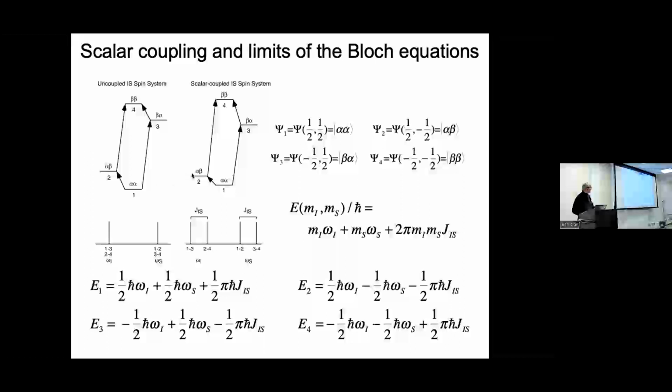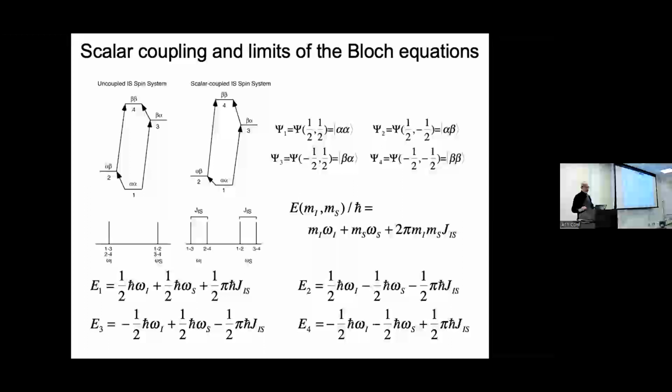But now when we turn on J, this transition has a different energy than that transition. Similarly, this transition has a different energy than that transition, depending on the relative signs of J, because J could be positive or negative. Now these degenerate states split, and the I spin shows a doublet and the S spin shows a doublet, separated by J in hertz, or 2 pi J in angular units.